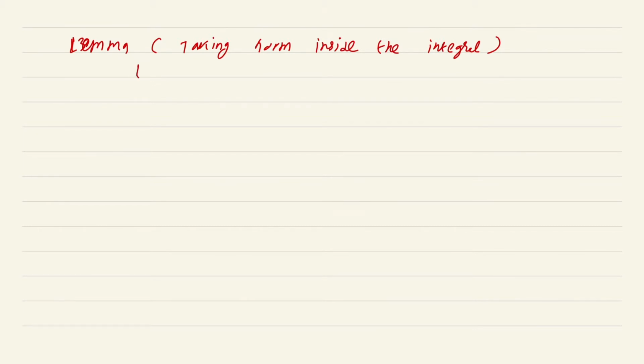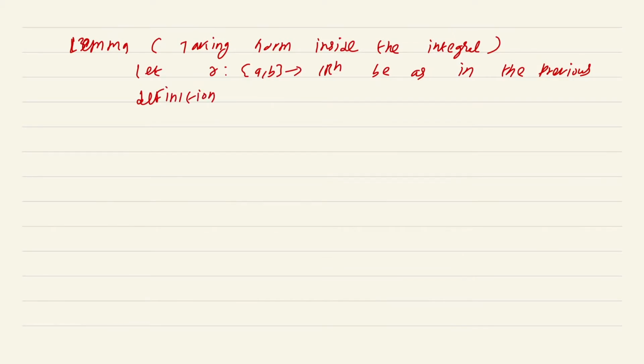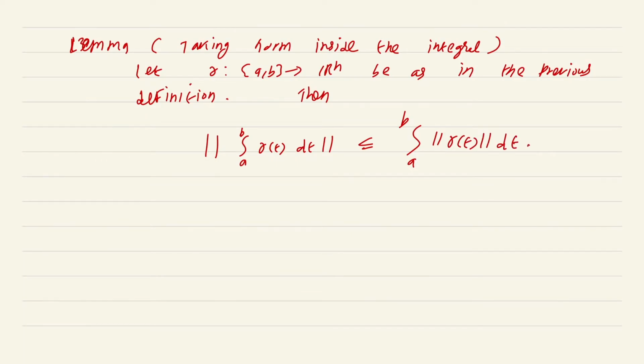The lemma is as follows: let gamma from [a,b] to Rn be as in the previous definition, that is, each coordinate function gamma 1 to gamma n is integrable. Then the norm of the integral from a to b of gamma of t dt is less than or equal to the integral from a to b of the norm of gamma of t dt. You can take the norm inside the integral.